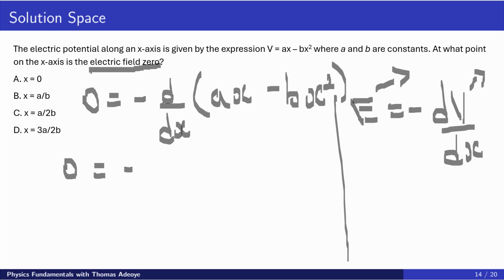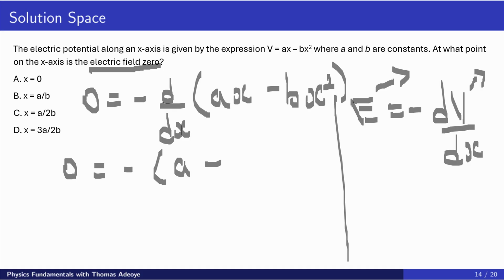We are going to get A minus the derivative of BX squared. Before we differentiate BX squared, let me tell you something else. If you differentiate 3x squared with respect to x, you get 2 times 3x. If you differentiate 7x squared with respect to x, you get 2 times 7x.